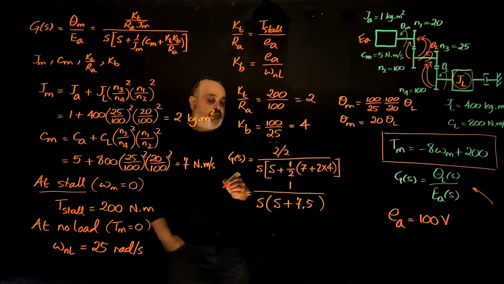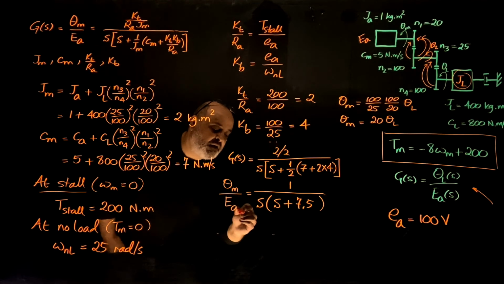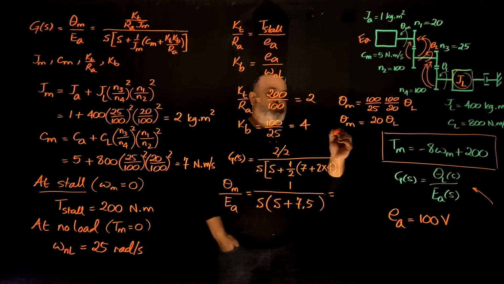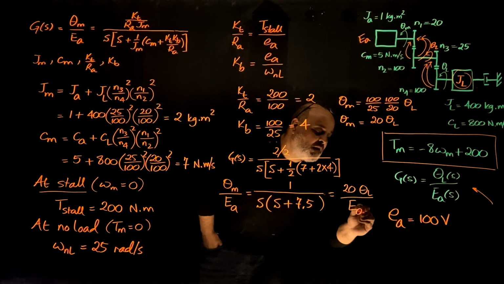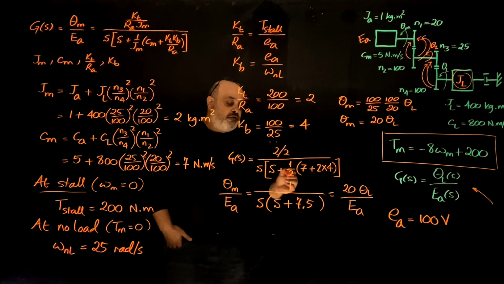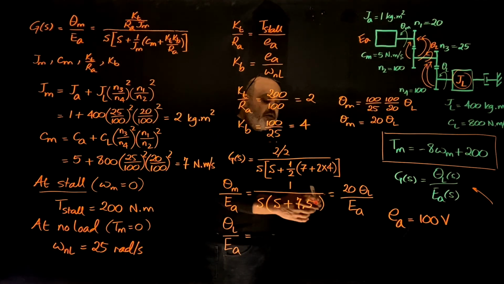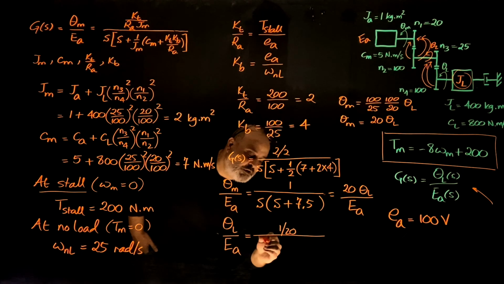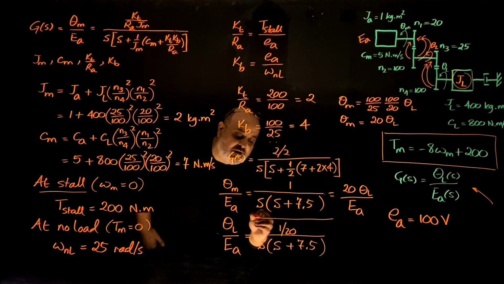Okay, so if this is theta M divided by E A, that's also 20 theta L divided by E A, because theta M is 20 theta L. If I'm looking for theta L divided by E A, simply I'm going to divide by 20 here, so I'm going to end up with 1 divided by 20 over s plus 7.5, and that's my final answer.